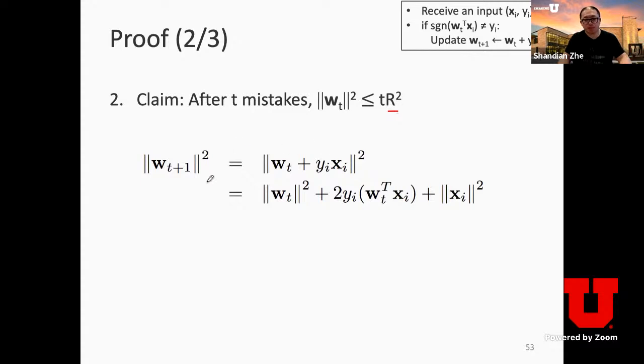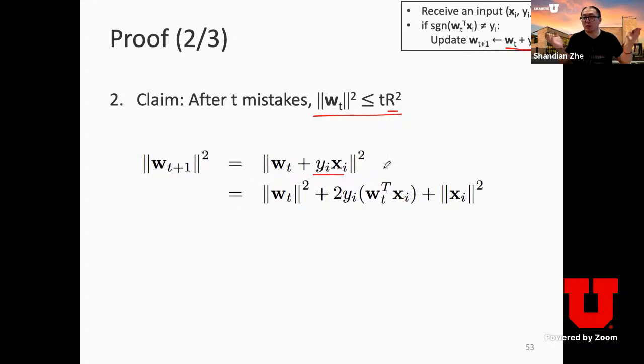How do we show this? Again, using induction. We assume that at step T, this holds. And then we look at whether it holds for T plus 1. So we look at the square norm of WT plus 1, and according to the updating formula, it is equivalent to the square norm of WT plus yi xi.